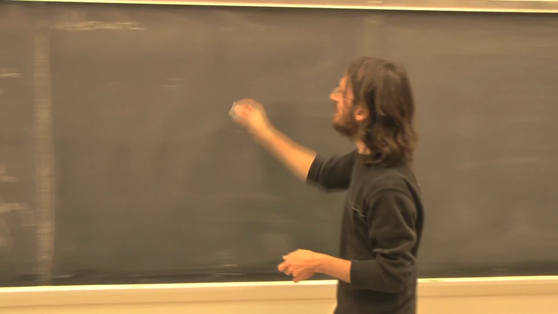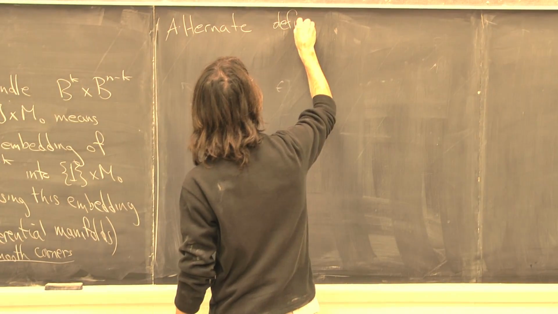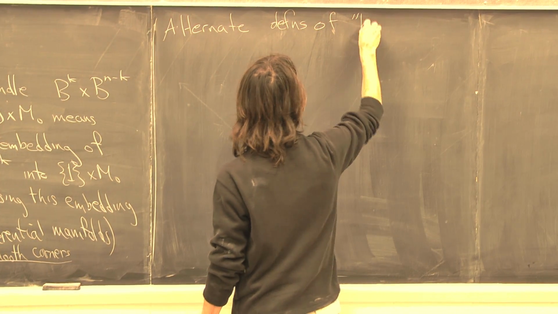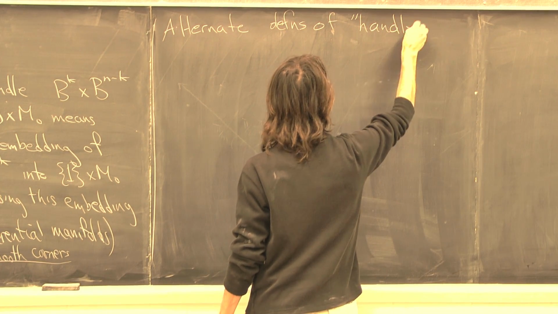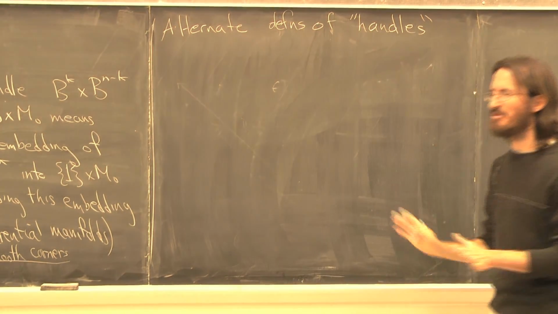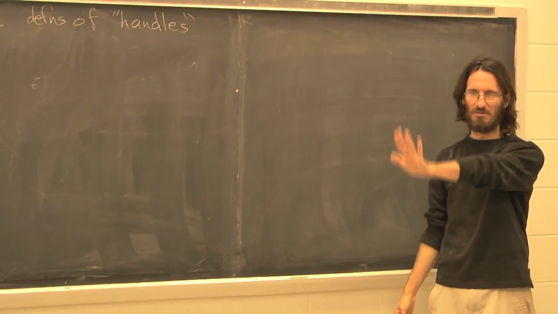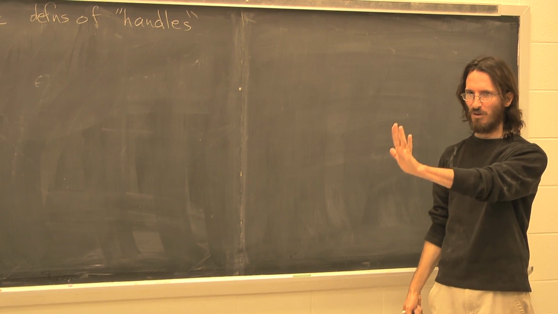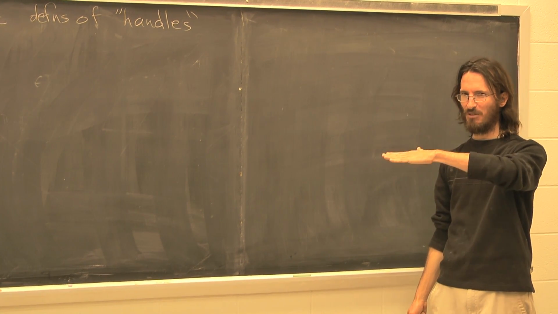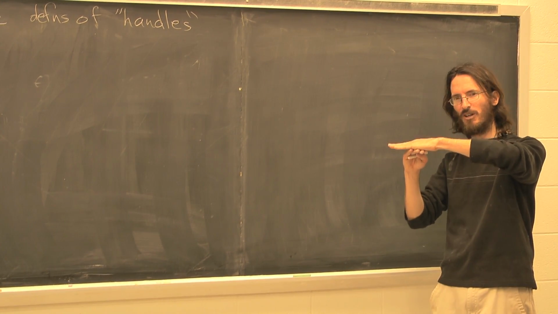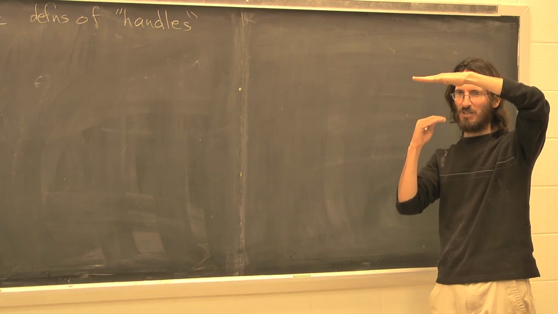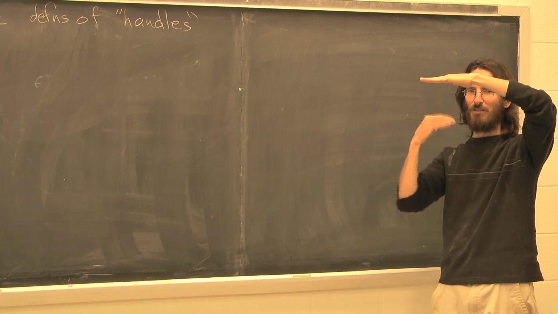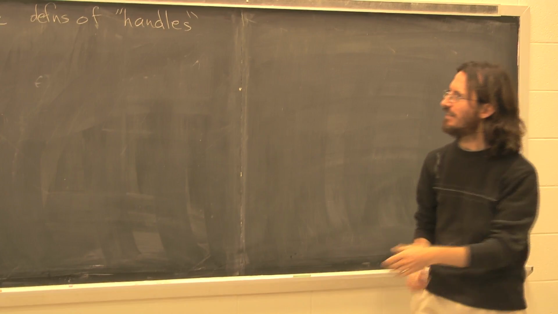Okay, so alternate definitions of handles. The key thing is that a handle should always be an abstract object defined independent of any particular manifold, and then you always have this theorem that anytime you go from below a critical point to above a critical point, the result is diffeomorphic to attaching this standard object.